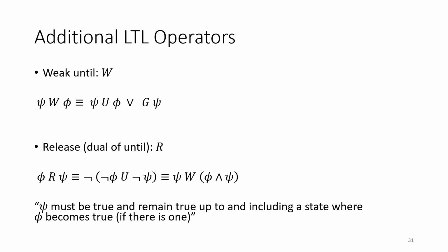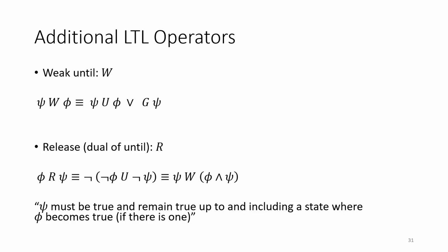Good. Then there are some more LTL operators, and again, these additional operators are defined based on abbreviations of existing ones. So here, there is something called the weak until. What this means is it's basically the real until, the strong until that we always knew, where phi has to hold after some finite amount of time, right? That's the strong until.